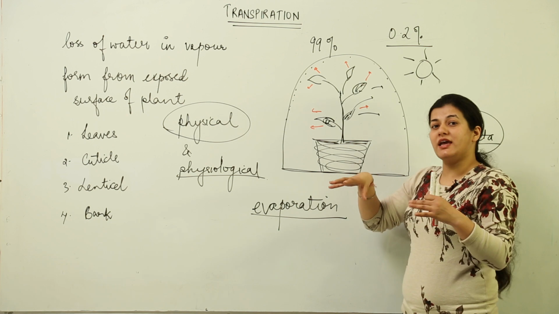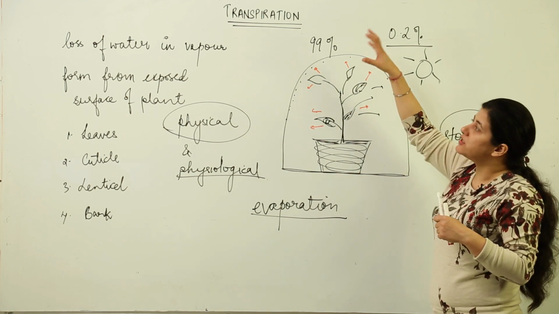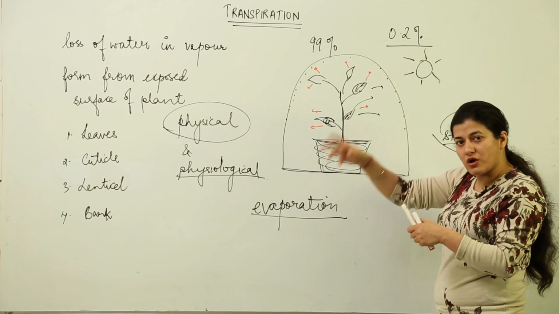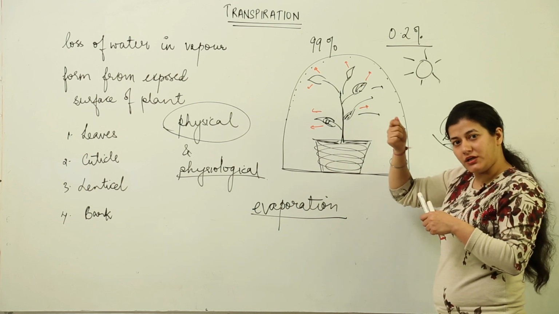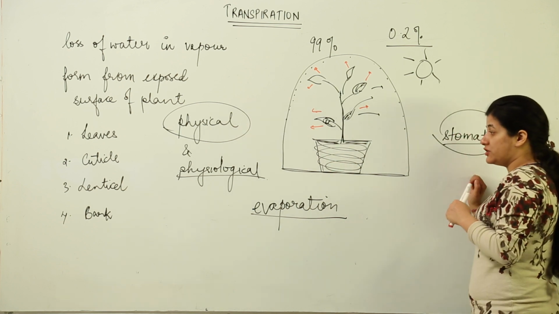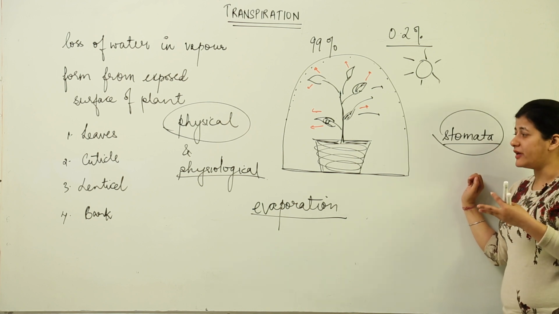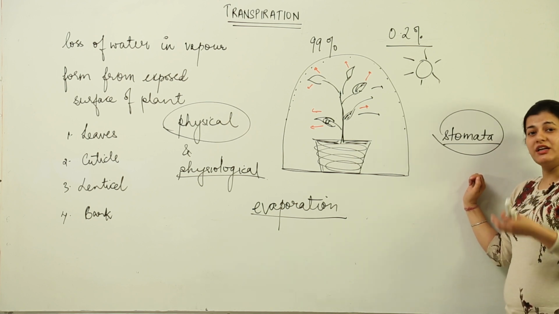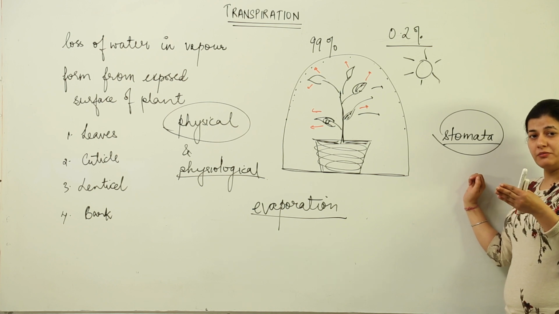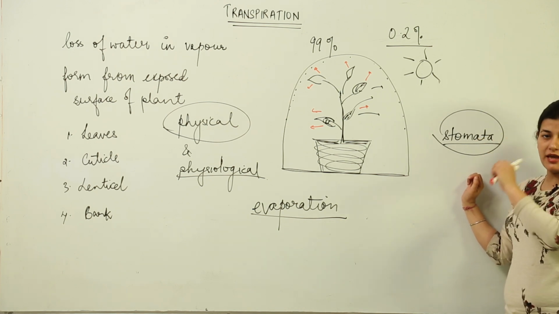But at the same time, this 99% loss is somehow responsible for taking up the water, and as we talked about in the root pressure concept, the root pressure is not enough, there is a negative pull that would be responsible. So do keep in mind that the negative pull would be provided by transpiration.